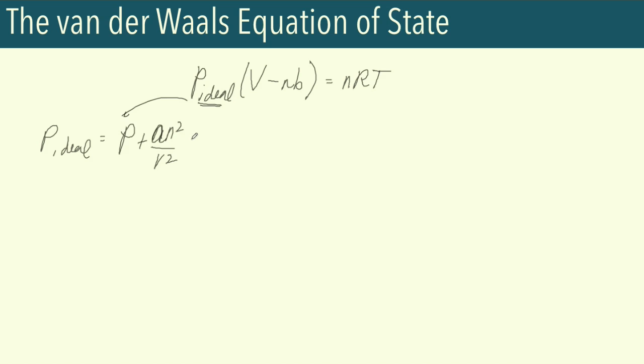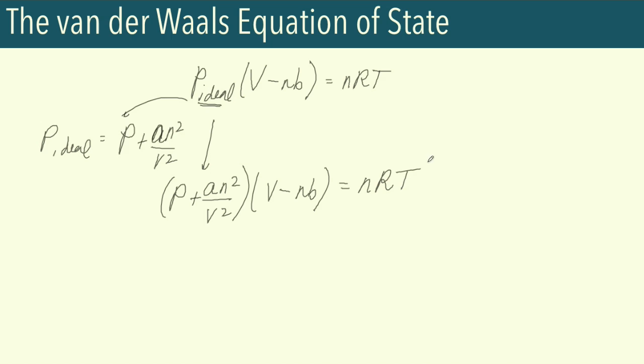If we write this down now, our van der Waals equation is going to be P plus A N squared over V squared, times V minus NB, is equal to nRT.